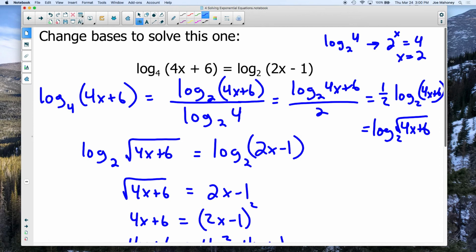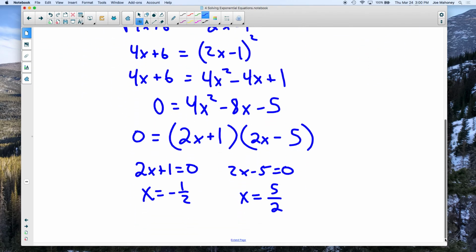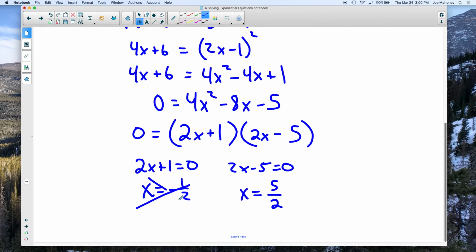I'm going to get a domain error. Right here, 2 times negative 1/2 is negative 1, minus 1 is negative 2. That's a problem. My negative 1/2 is a domain error. No good there. Bad stuff.